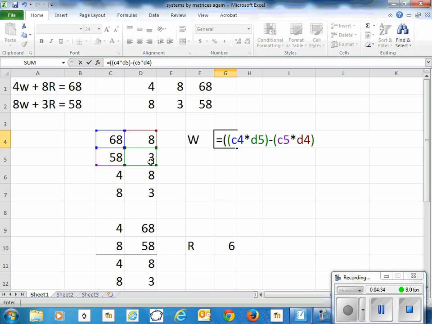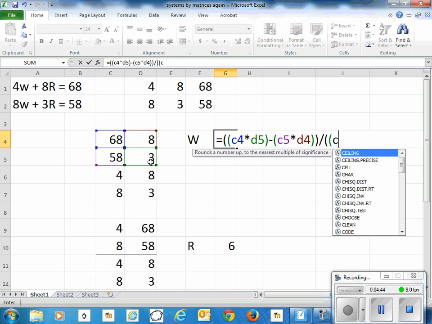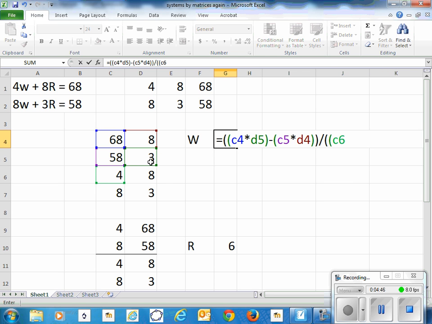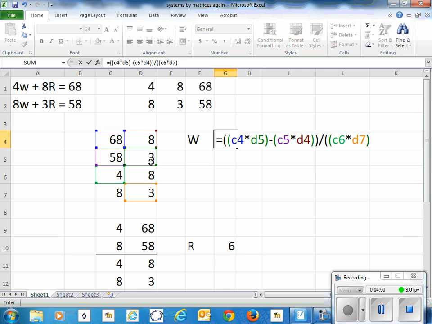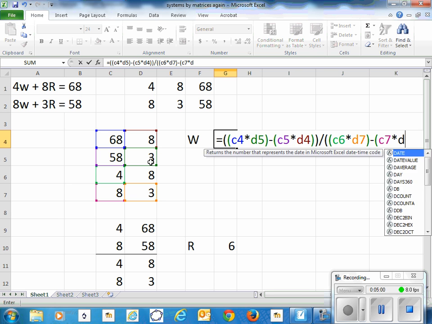And you can see those boxes being highlighted as I put those in. And that's all going to be divided by C6 times D7 minus C7 times D6.